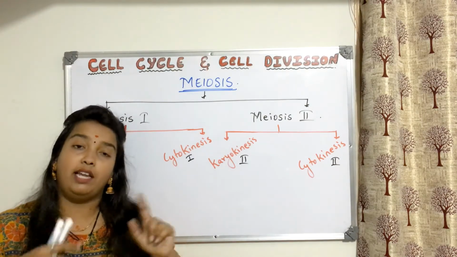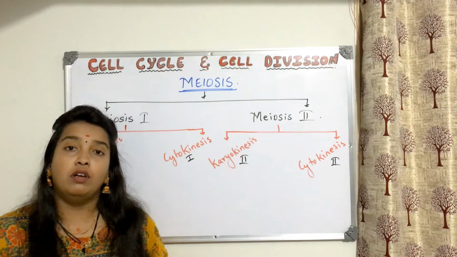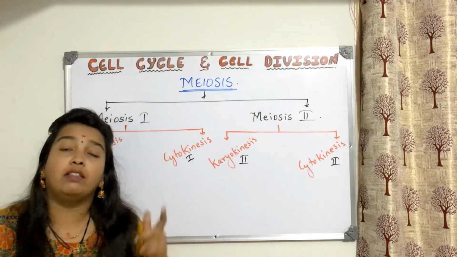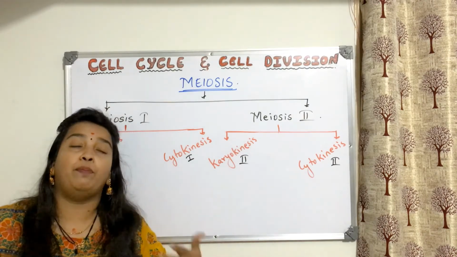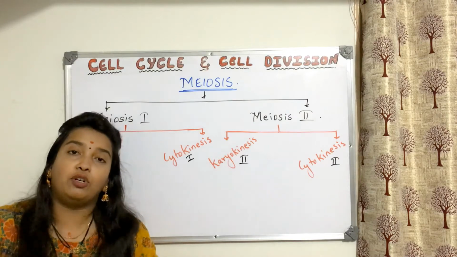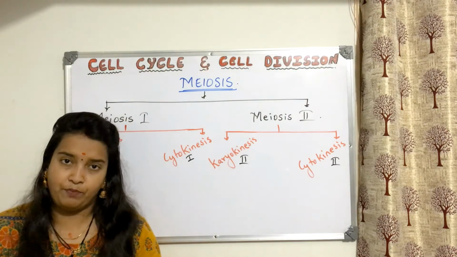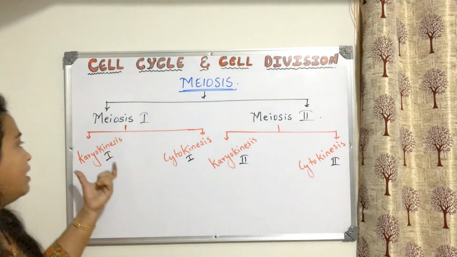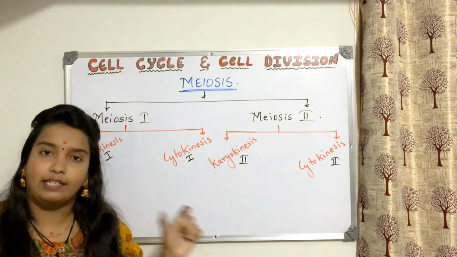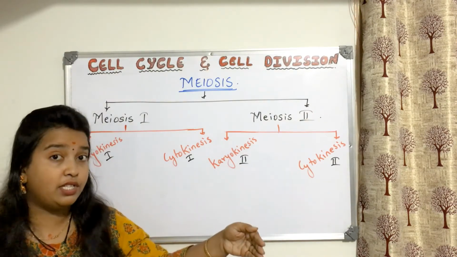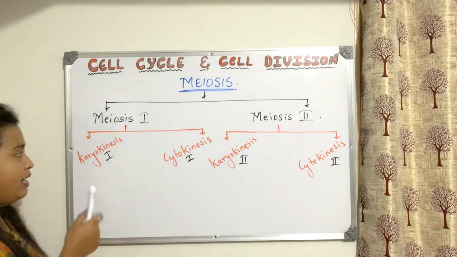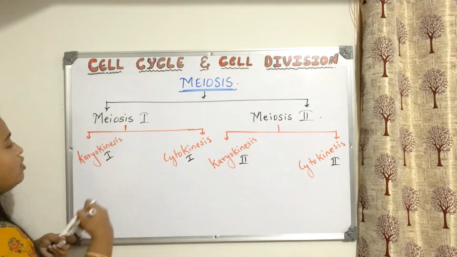The DNA should condense to form chromosomes, and the centriole should start forming the spindle fiber. Chromosomes should be kept at the center, and chromatids should be separated. So many things are there, so karyokinesis takes a long time and has different stages. Let us see the stages of karyokinesis.